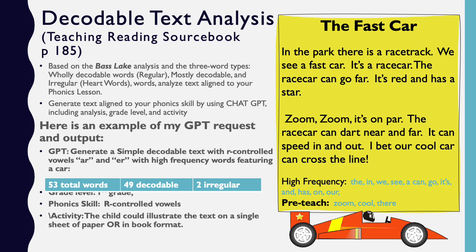So I'm going to give you an opportunity to create a decodable text. And then I would like for you to analyze it. On page 185 of our Teaching Reading Sourcebook, there is an activity called Bass Lake, and it is an analysis of 3 word types. I don't care for their word types. Wholly decodable words, to me, are just decodable.